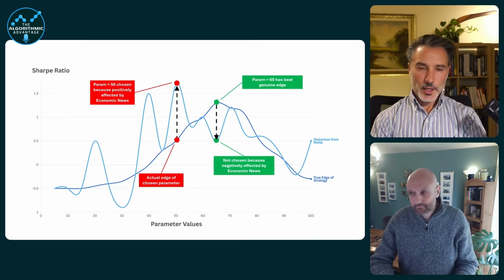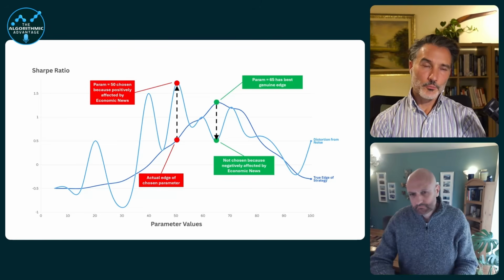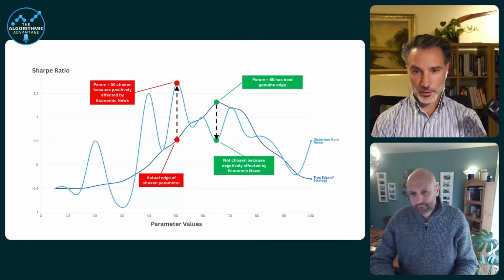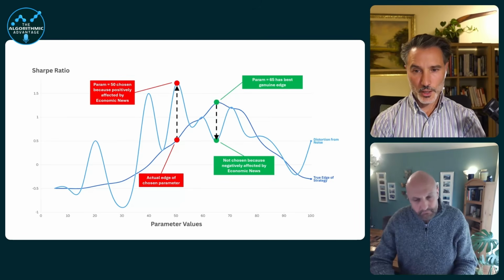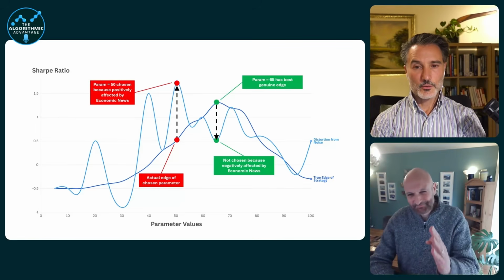Is a way of framing this as saying, well, we want to find the real factor involved in producing the alpha and strip out the noise? Exactly. Yes.